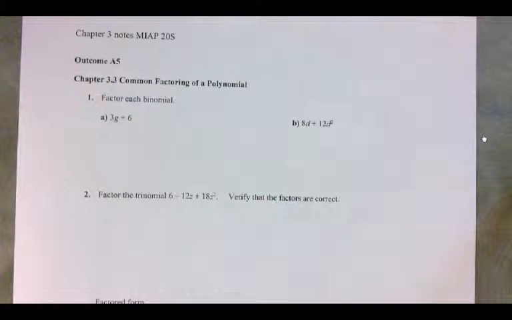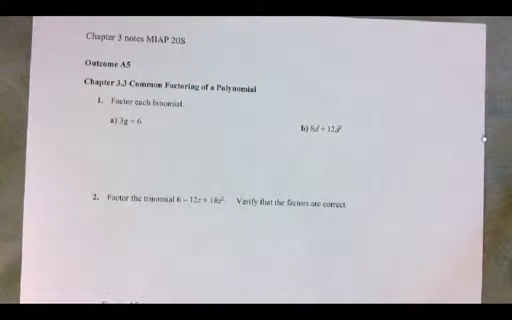So now, first of all, how are you going to define a term? Anything separated by a plus or a minus. So how many terms does this question have here? 2. Okay, so we've got 3g, and then we have plus 6.